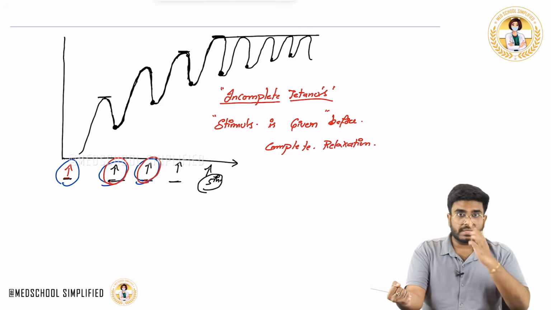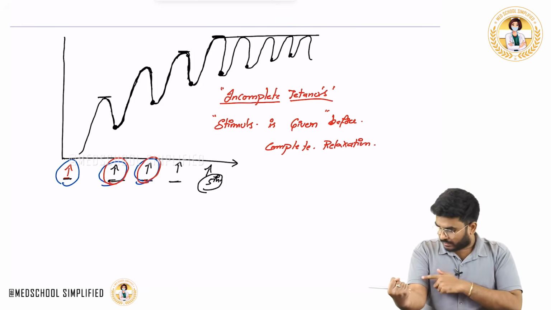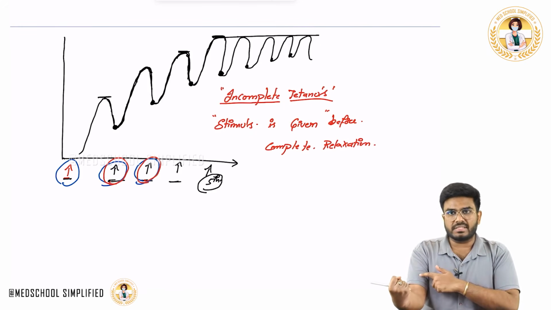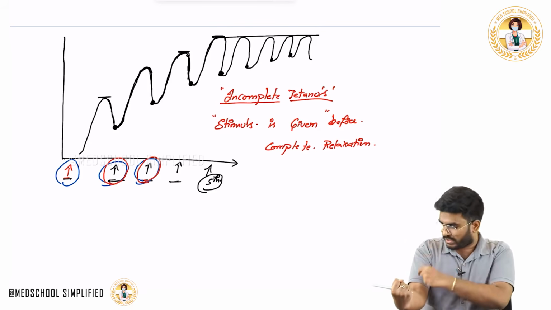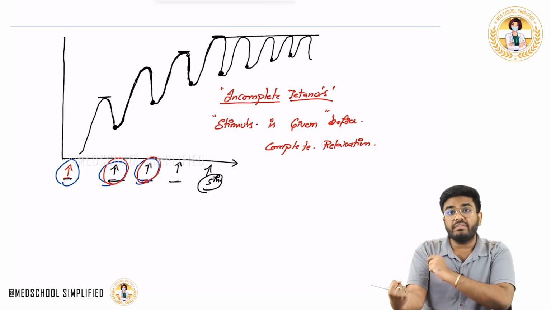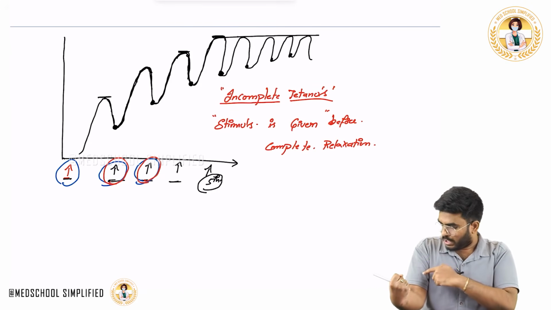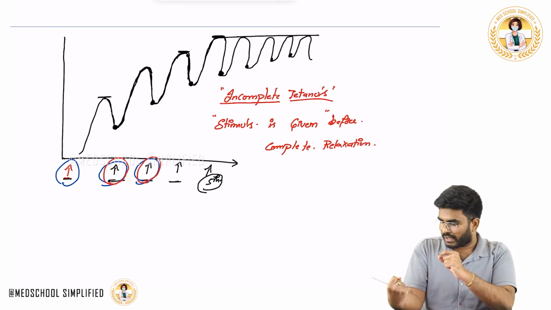Means you are trying to contract. For example, if you are trying to contract your muscle, you have contraction, relaxation. But what I am giving is continuous stimulus, the motor unit is getting continuously stimulated even before the relaxation. So what happens? Contraction, and when it is trying to relax, immediately one more contraction.